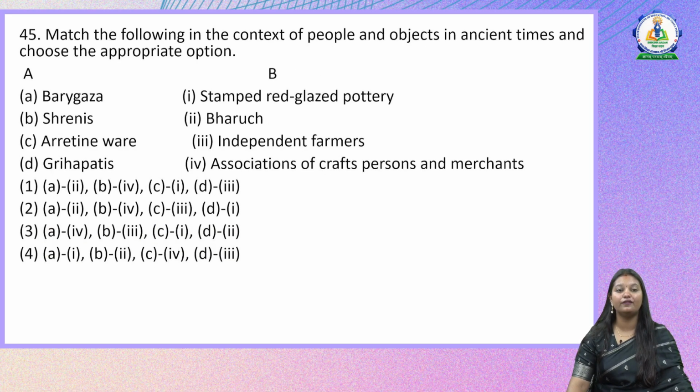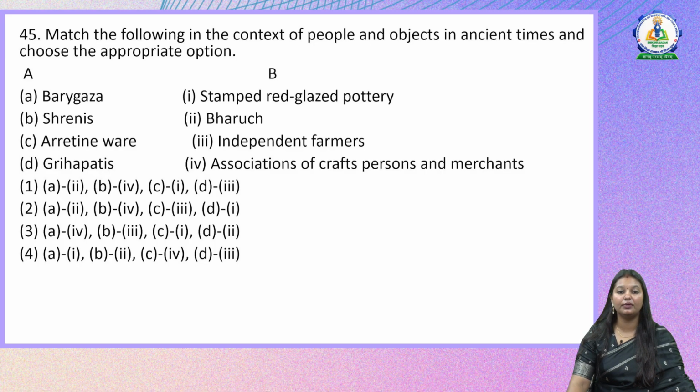Here we have to match the following in the context of people and objects in the ancient times and choose the appropriate options. Some of these concepts are repeated from other question papers, like the Shrenis, the Arentine ware and the Grihapatis, which we have already discussed.